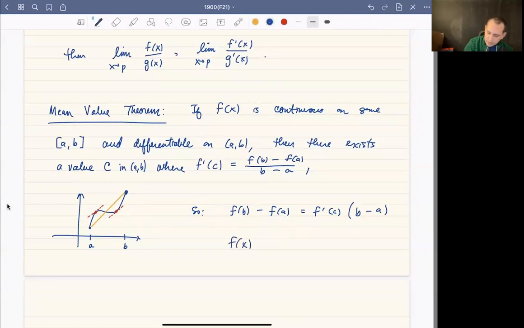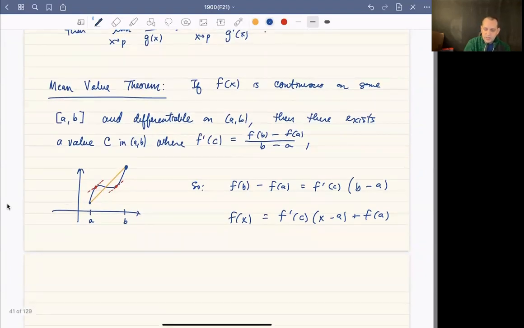Let me just write what I want. F of x is going to be f prime of c times x minus a plus f of a. So I'm letting b be x, and I'm thinking of this now in a functional form. And so you can do this for f and for g. And if you do this cleverly enough, then you can choose f of a and g of a to be 0.